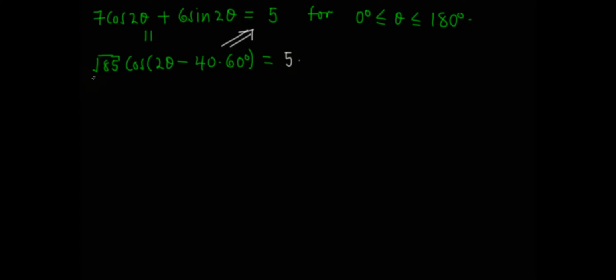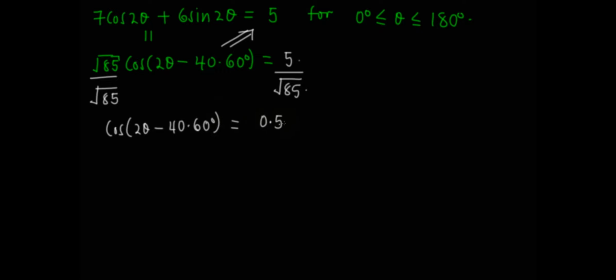So we divide both sides by the square root of 85. So cos(2θ minus 40.60 degrees) is equal to 0.5423, and this value is positive.